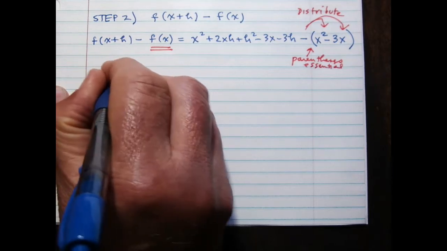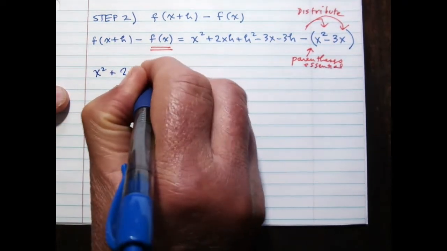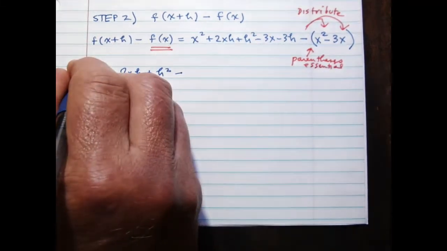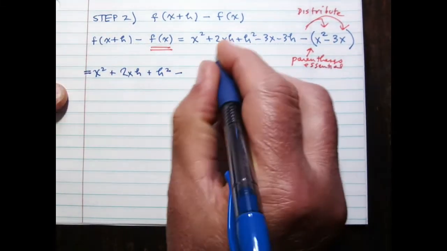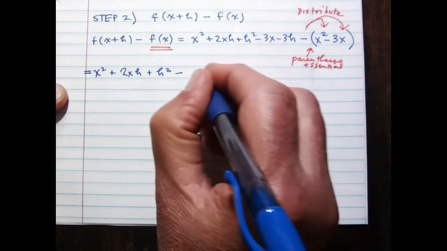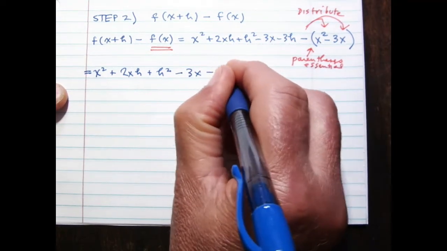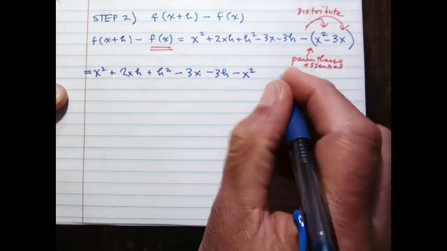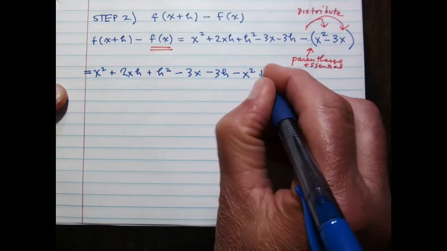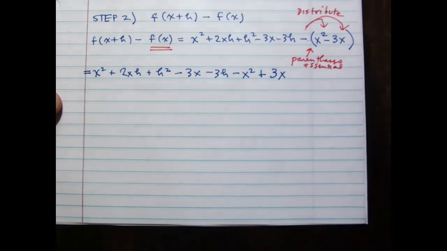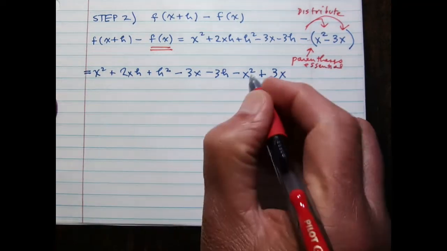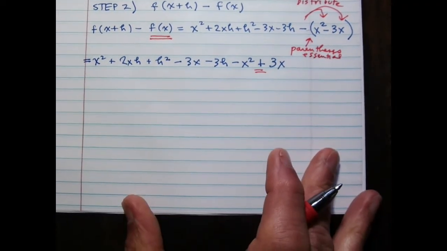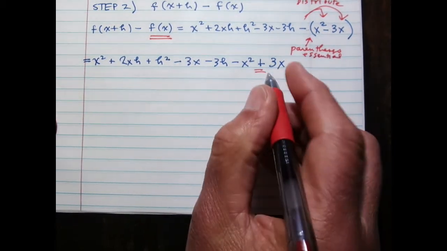I got x squared plus 2xh plus h squared minus 3x minus 3h minus x squared. And now I get minus a minus is plus 3x. So just notice getting that sign correct is just crucial here, okay? Noticing that ends up being plus.